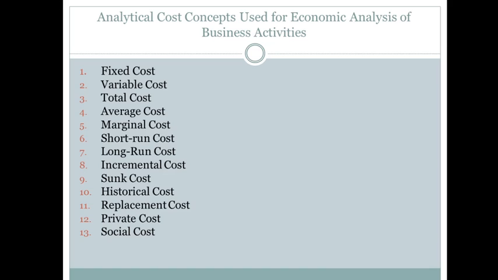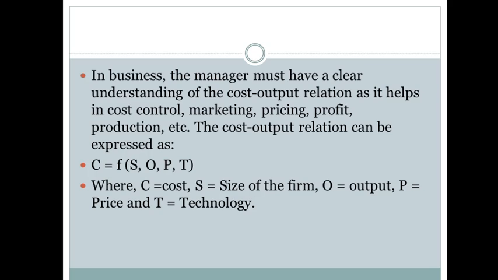Now let us begin with the other things related to cost, and then we will see the types of costs. Here in business, the manager must have clear understanding of cost and output relationship, as it helps in cost control, marketing, pricing, profit and production, etc. So the cost concept relation is given more importance in economics.